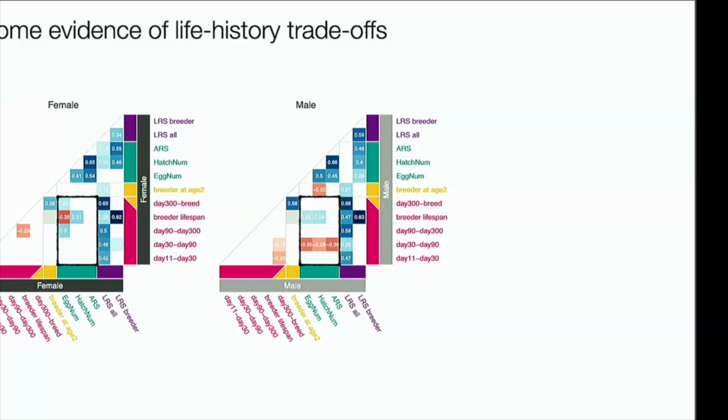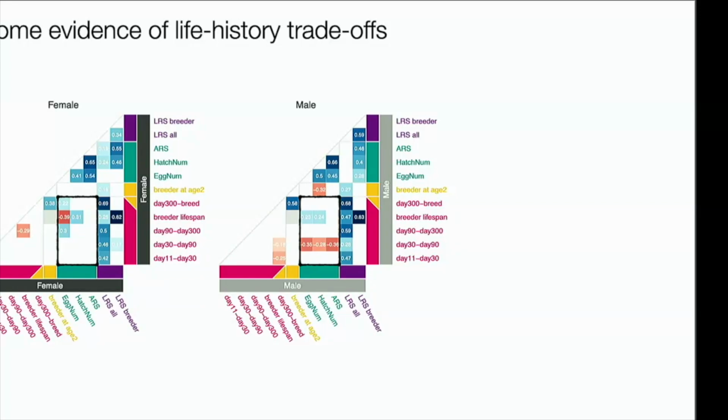So for instance, in females, alleles that are associated with longer breeder lifespans are also associated with lower egg number. So we recover the classic life history trade-off between survival and reproduction just by looking at the correlations between the genome-wide effect sizes of our fitness component GWASs.